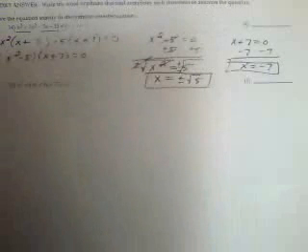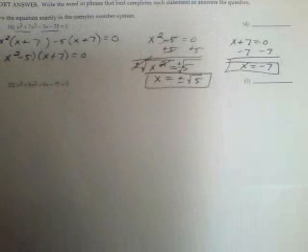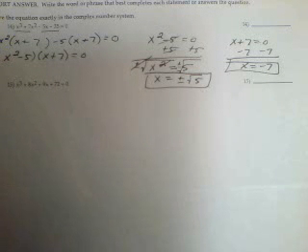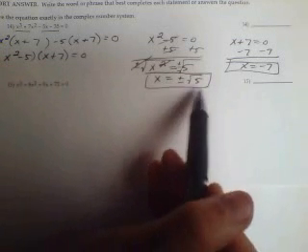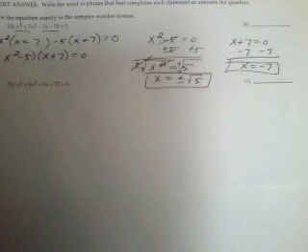And again, anytime you're playing with stuff like this, different powers, especially even ones, I recommend that you check it. So what I'm going to do is type this function into my calculator and take a look and see if I'm getting the solutions that I expected from solving by hand. And of course, it's easy to check a square root of 5 in the calculator now that I've got the exact answer.